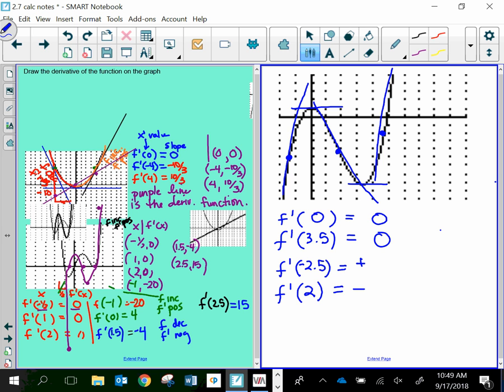Ooh, that's a steep one. You can take it wherever you want. Like for a slope, personally, I'm not going to take this one up.